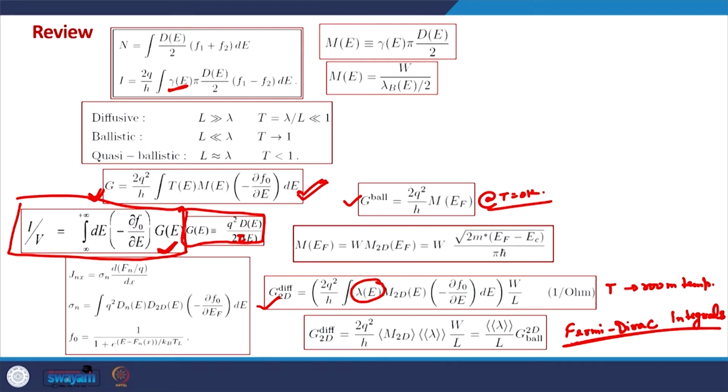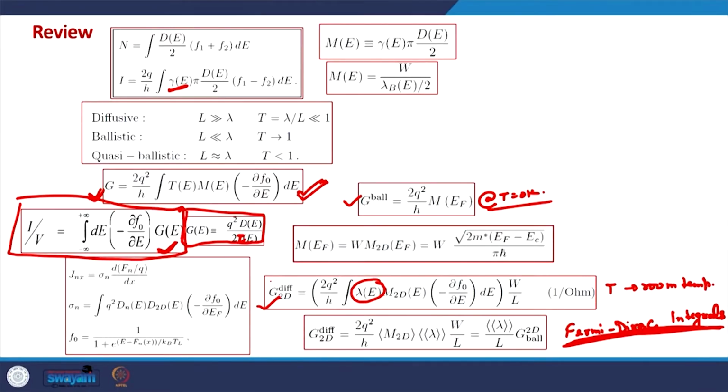But with the Fermi-Dirac integrals and some approximations, for example, the Fermi-Dirac integral boils down to an exponential function for non-degenerate semiconductors. Using that kind of approximations, we can do calculations for the conductance at room temperature, both in the ballistic transport case and in the diffusive transport case.